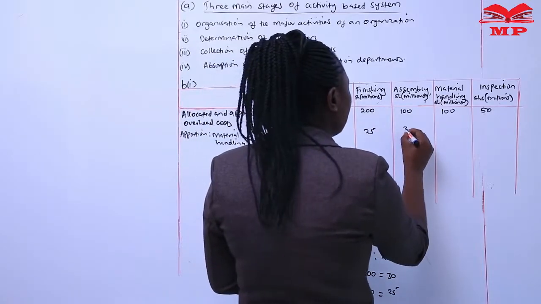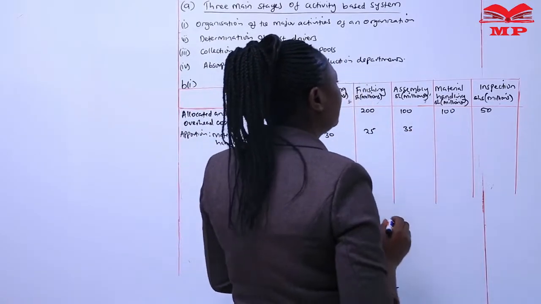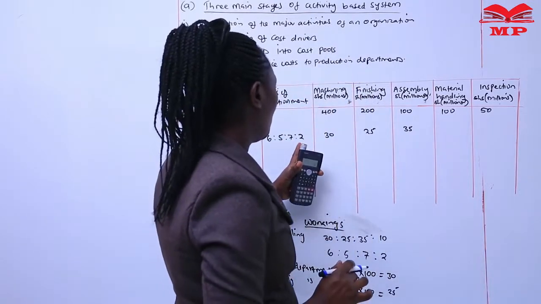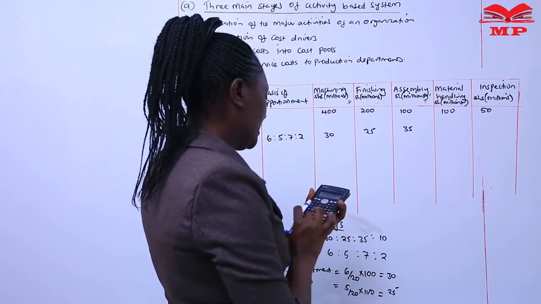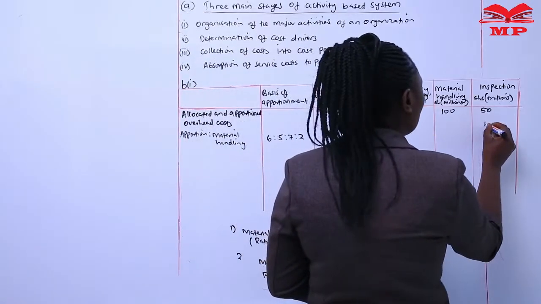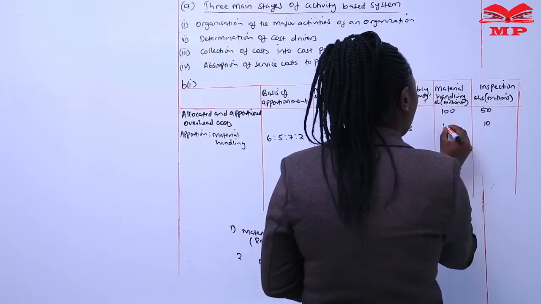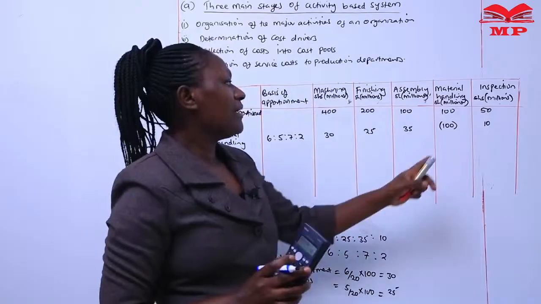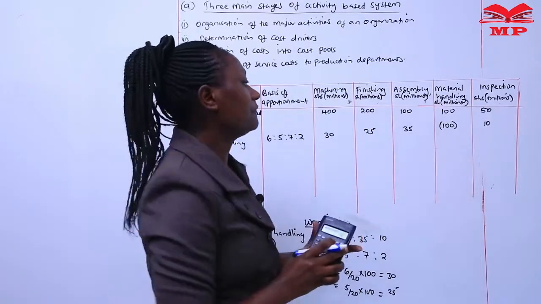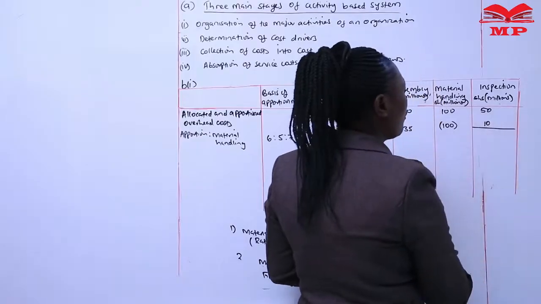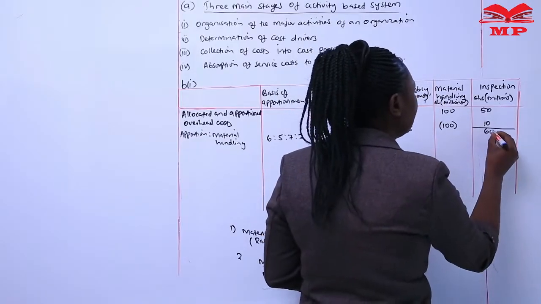It will give us 35 to assembly, and then 2 over 20 multiplied by 100, which will give us 10 to inspection. So we have transferred the whole of this amount, and therefore we make it a negative, but we now add the value in the inspection column, and this will give us 60.